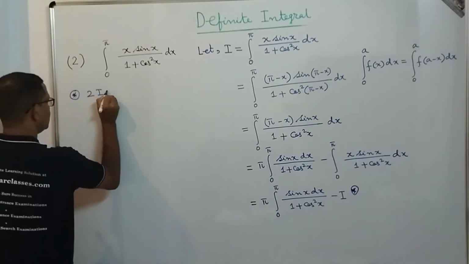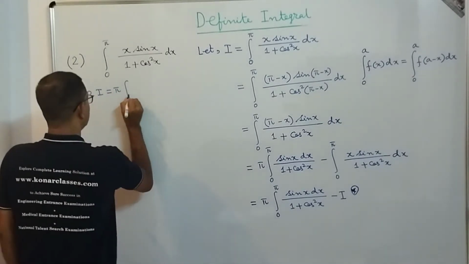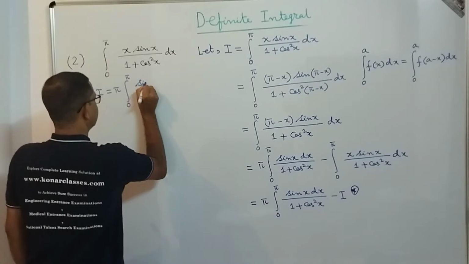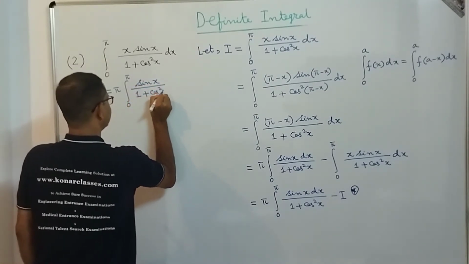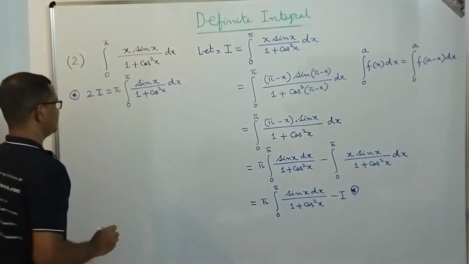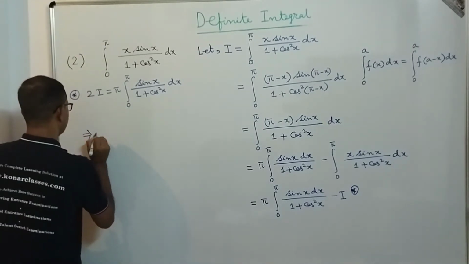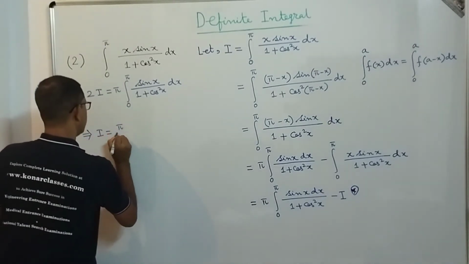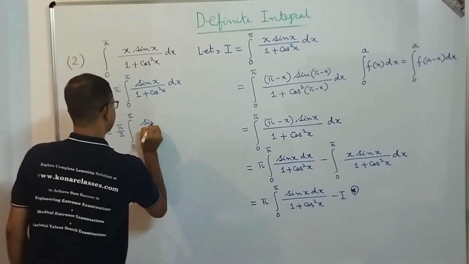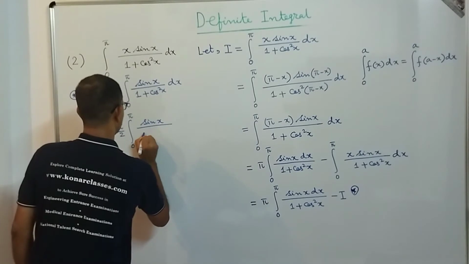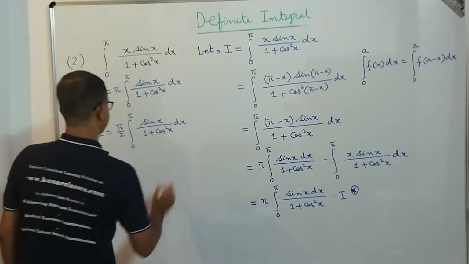I plus I, 2I is equal to pi into integration 0 to pi sin x divided by 1 plus cos square x dx. So that means I is equal to pi by 2 integration 0 to pi sin x by 1 plus cos square x dx.